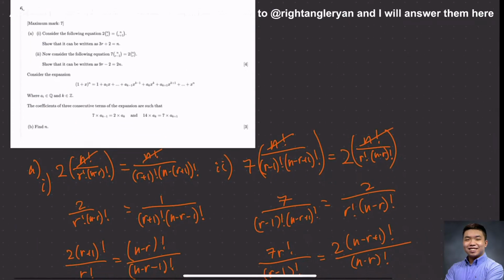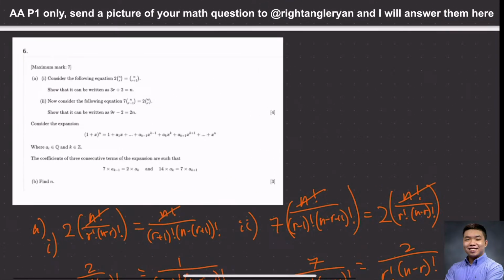Okay. Finally, consider the expansion where ai is any rational number and k is an integer, okay?